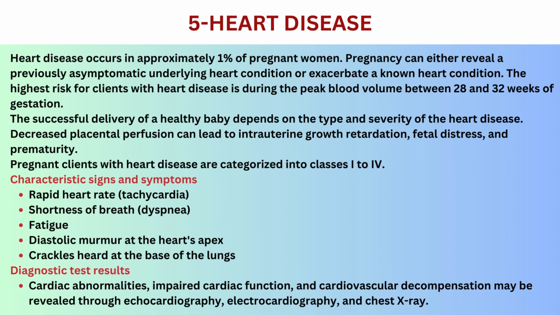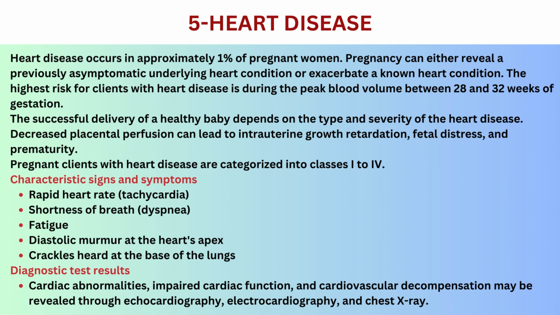Decreased placental perfusion can lead to intrauterine growth retardation, fetal distress, and prematurity. Pregnant clients with heart disease are categorized into classes 1 to 4. The characteristic signs and symptoms: rapid heart rate (tachycardia), shortness of breath (dyspnea), fatigue, diastolic murmurs at the heart's apex, crackles heard at the base of the lungs.